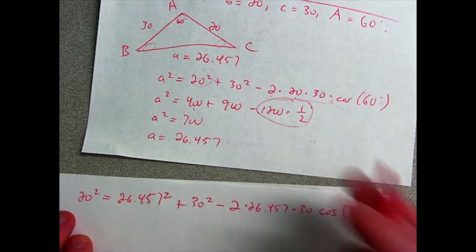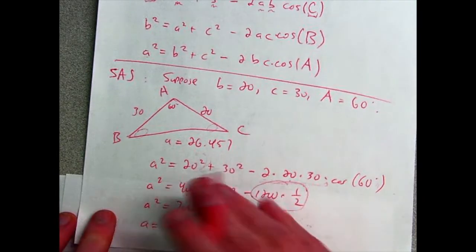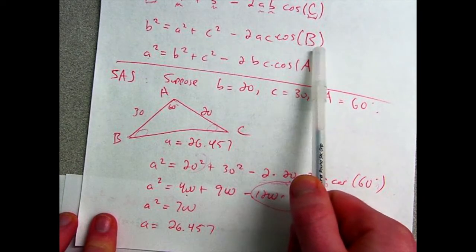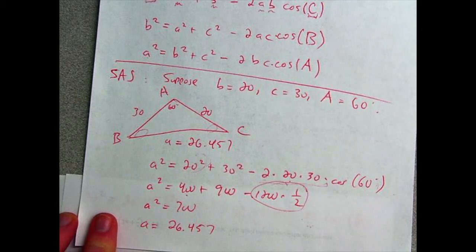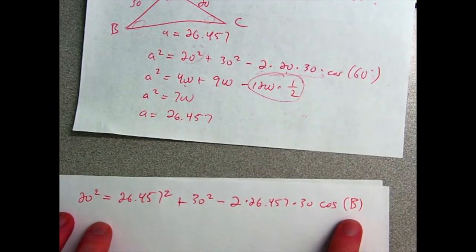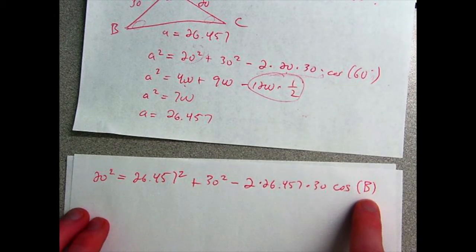So I've just used this second version of the law of cosines right here, and as you can see, capital B is the only unknown, so I can solve for it.